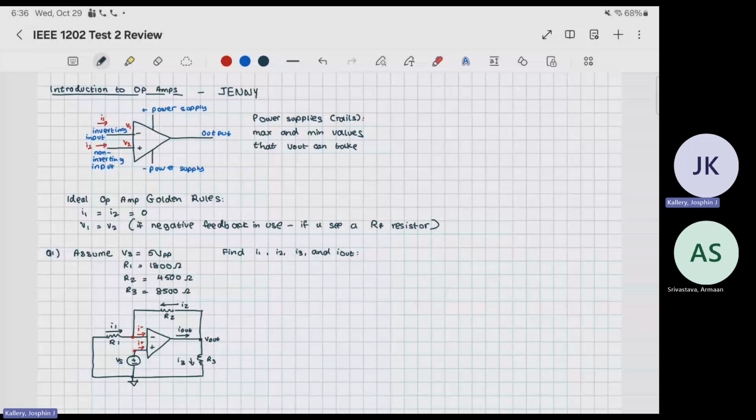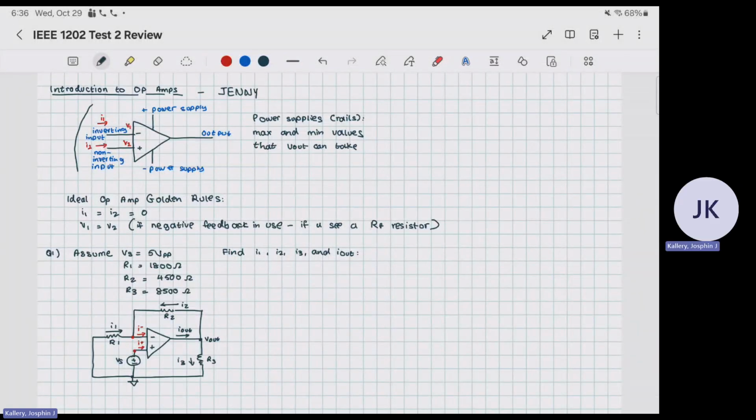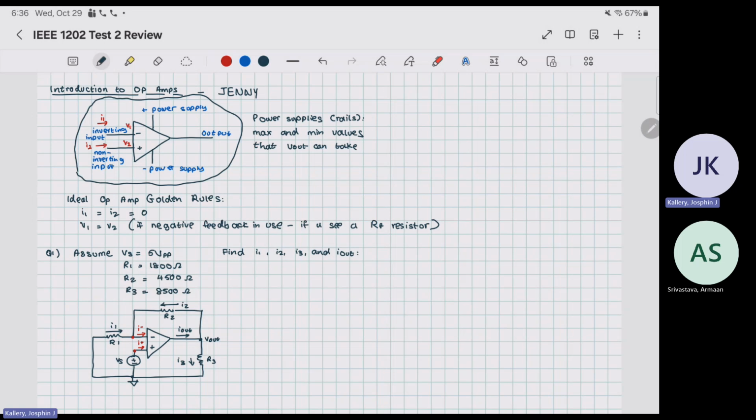Hi everyone. My name is Jennifer, a 1242 tutor. I'm just gonna explain a little bit about op amps, just an introduction. As you see from the screen, this is how an op amp looks when we draw it schematically, but in real life, it's an integrated circuit.